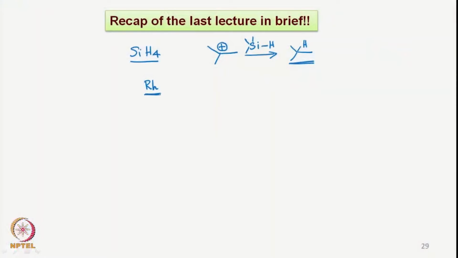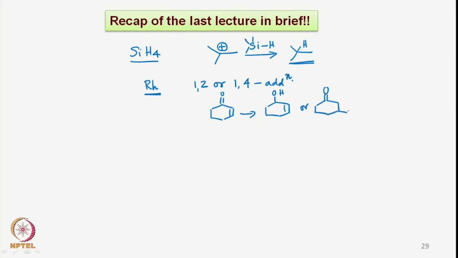Then we also saw how the rhodium modified reducing agents can be prepared, and they lead to 1,2 or 1,4 addition of hydrogen to an enone system, and from an enone we can get either a 1,2 reduced product or a 1,4 reduced product depending on the bulk of the corresponding groups attached to silicon.